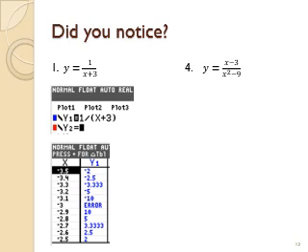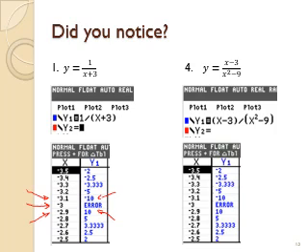Here's a table of values for problem number 1. Notice we have an error at -3 because -3 makes us divide by 0, right? But also notice what happens when you get close to the -3. You start to get these really big y values, and that's a sign of your vertical asymptote, right?